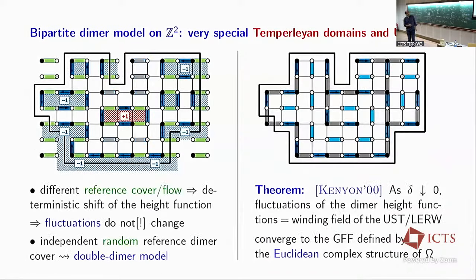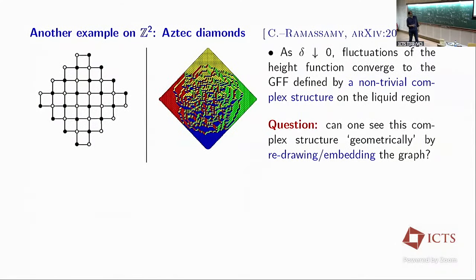And then there is an example which mimics what happened on the right. Here, these graphs are known under the name Aztec diamonds. So what is that? Here is the combinatorics. This is a subset of the square grid with this combinatorics.